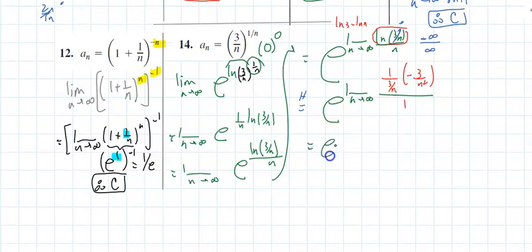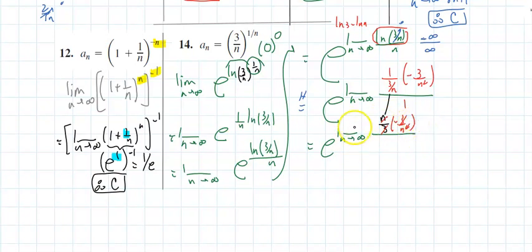That would be e to the limit as n approaches infinity. And let's see what this is. If I multiply by the reciprocal, this will be n over 3 times negative 3 over n squared. Those cancel out, and this cancels one of those.